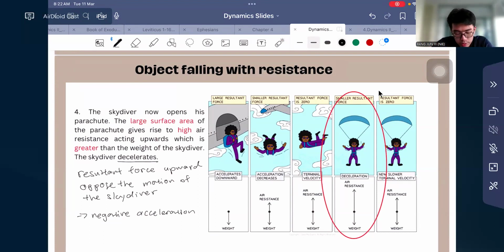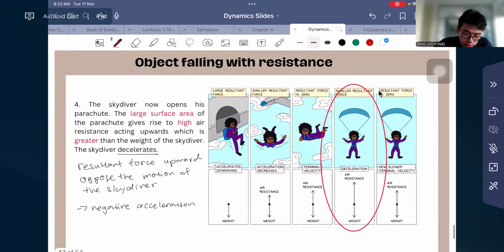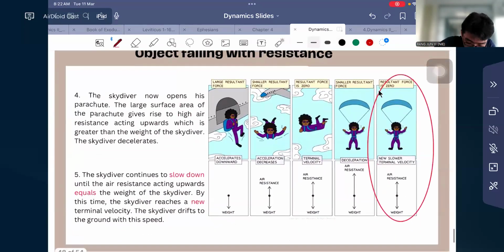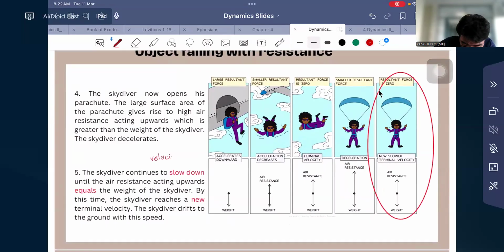When the skydiver is decelerating, this means that the skydiver is decreasing the velocity. So the velocity decreases, and the skydiver will slow down.